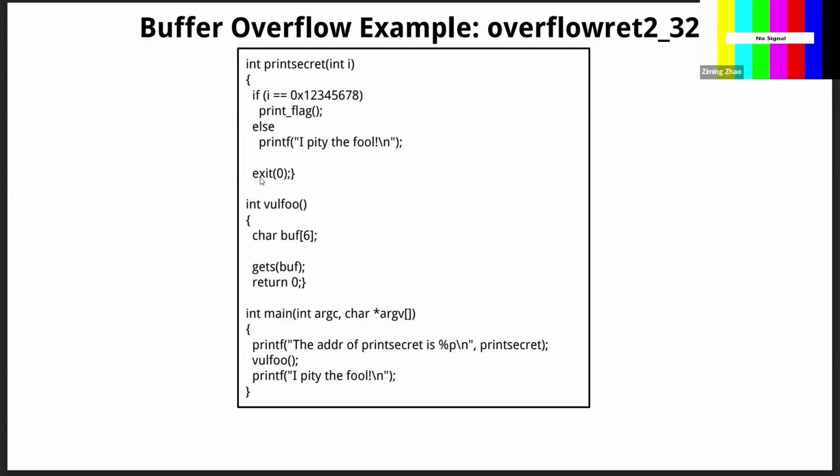The system call's name is also called exit, so it will just quit the whole process. So this print secret function would not return anywhere, actually. This print secret function is not even called by anyone. You can see the main function didn't call it, and vulnerable function didn't call it. That's why you have to return there.